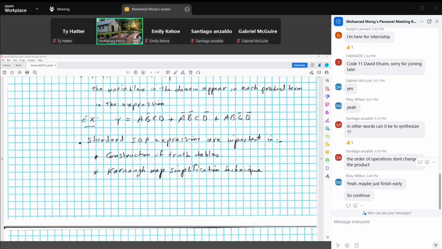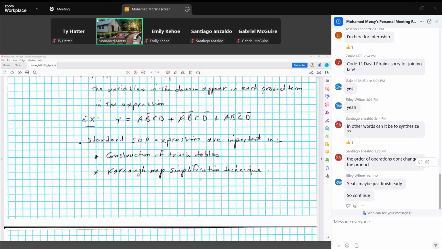Second, it is important to draw the Karnaugh map. Karnaugh map is a graphical solution, and we'll see how this graphical solution is important in simplification of the final form.